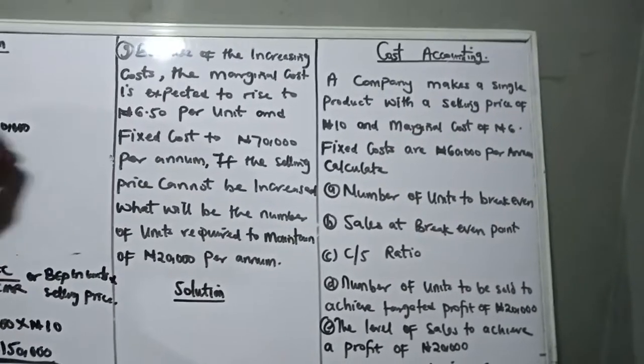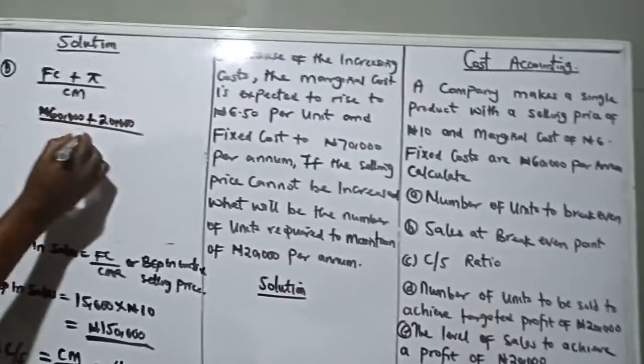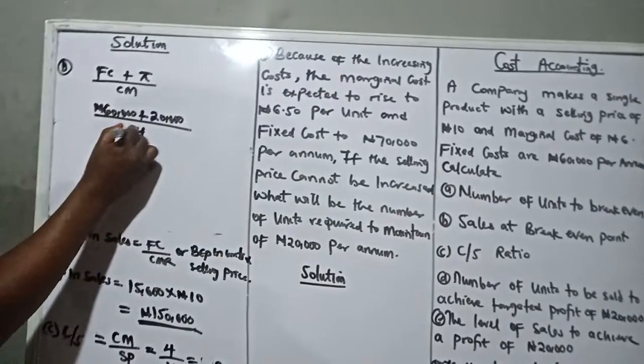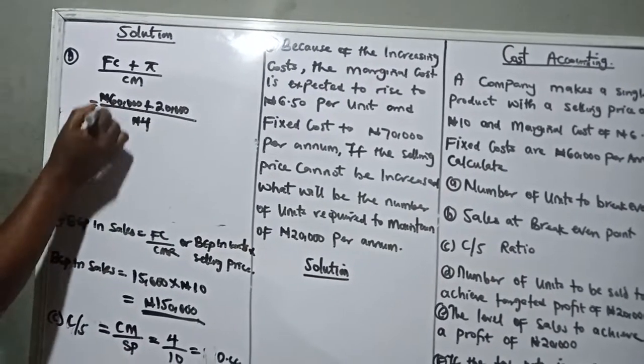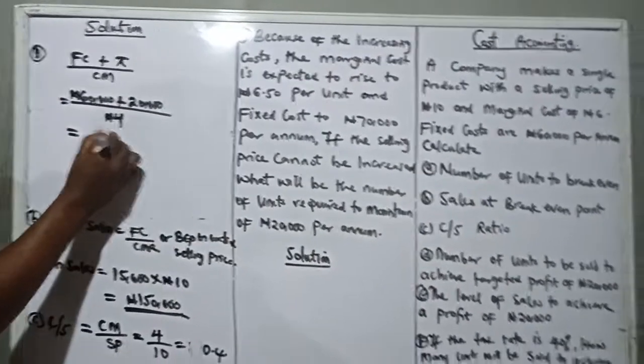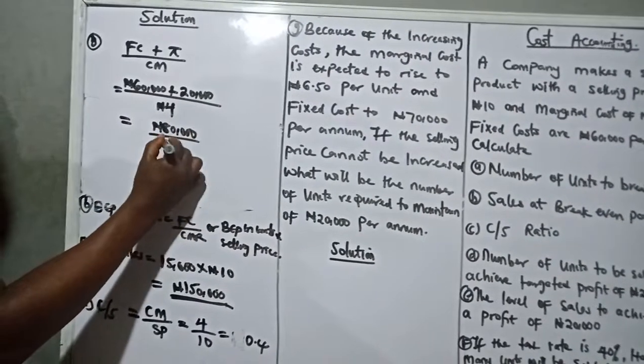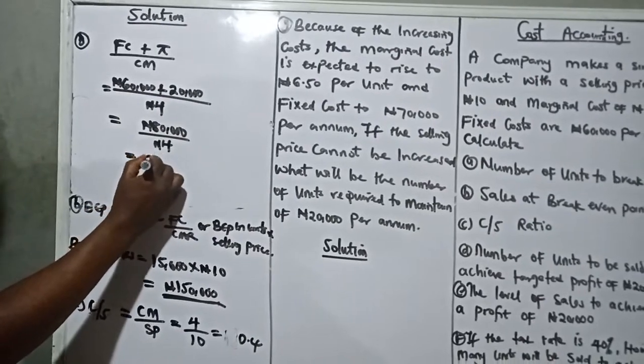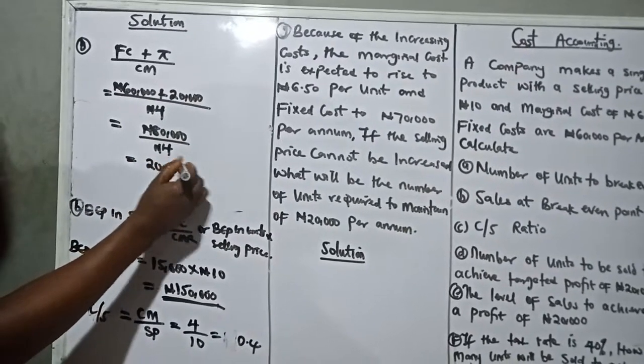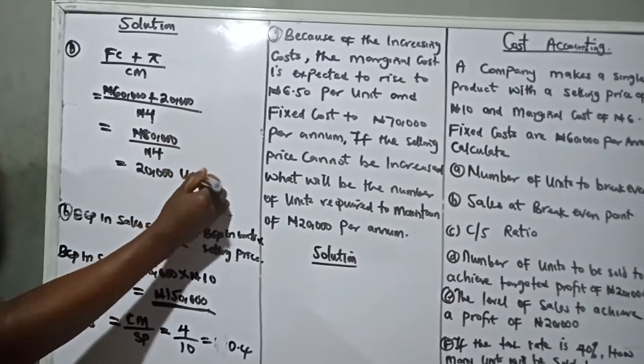20,000 divided by my CM, which is 4 naira. So this will give me 80,000 divided by 4 naira. So this one will now give me 20,000 units. So that is our answer.